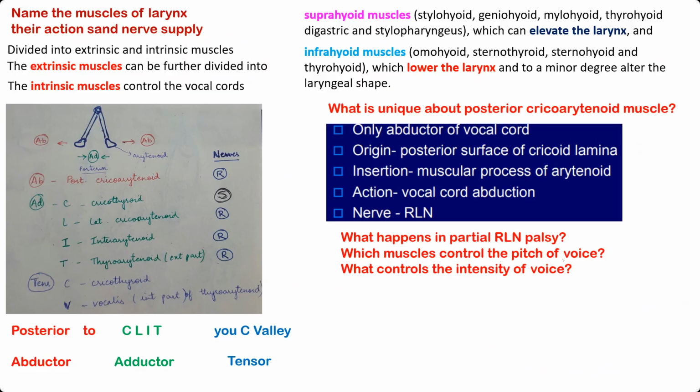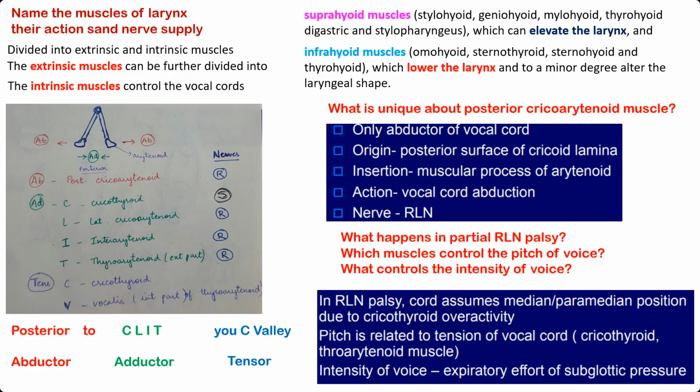Which muscles control the pitch of the voice and the intensity of the voice? For that, the answer is recurrent laryngeal palsy. If it is one-sided and partial, the vocal cord adductors will be acting. So the vocal cord will come towards the midline, median or paramedian position, due to overactivity of the adductors.